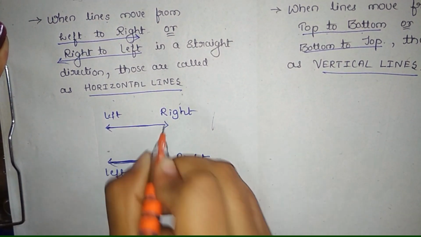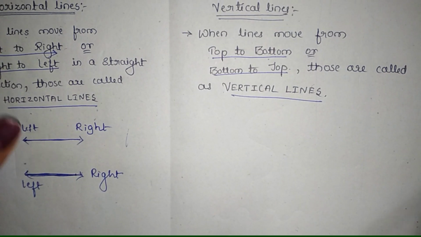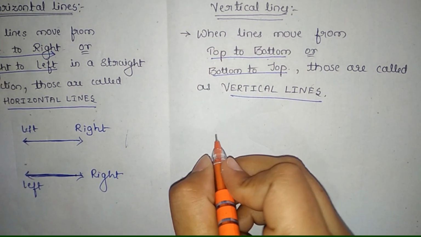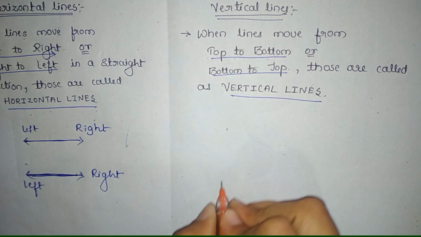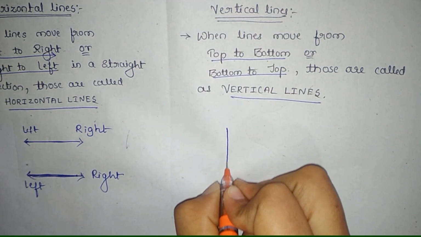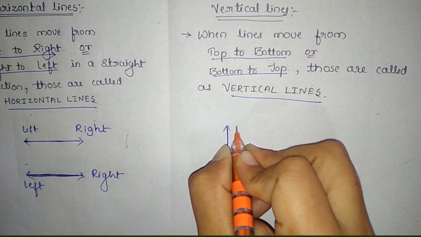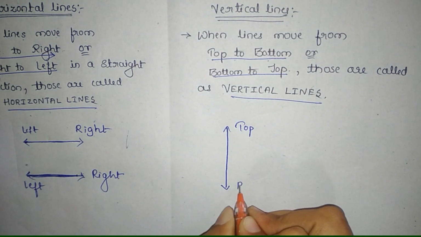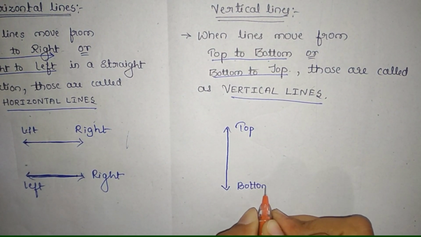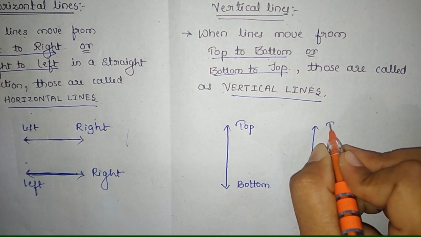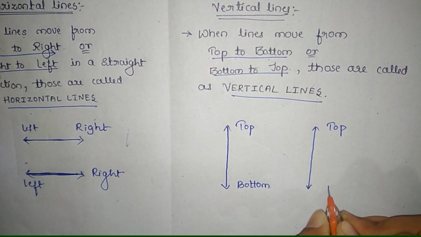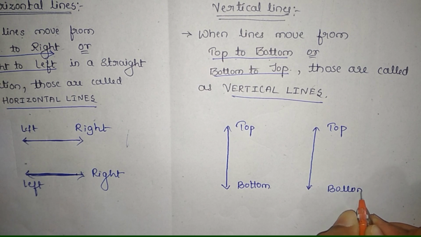If by the definition I want to give an example for vertical lines, how should I give it? If I am drawing from top to the bottom, then it will become an example for a vertical line. If I am also drawing from bottom to the top, then also it is an example for a vertical line.